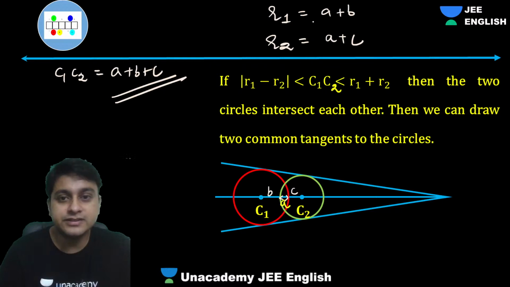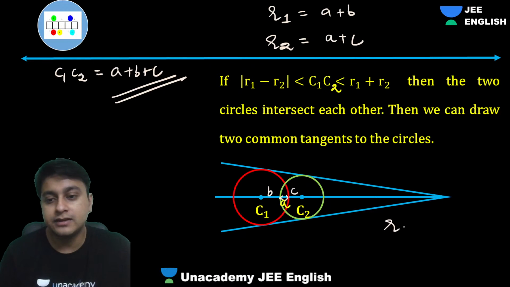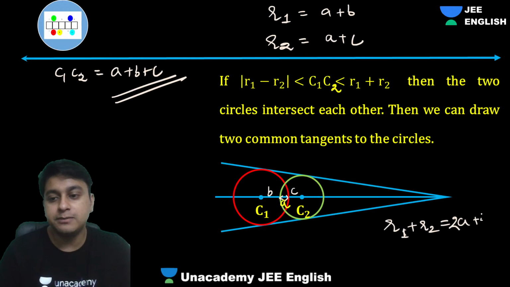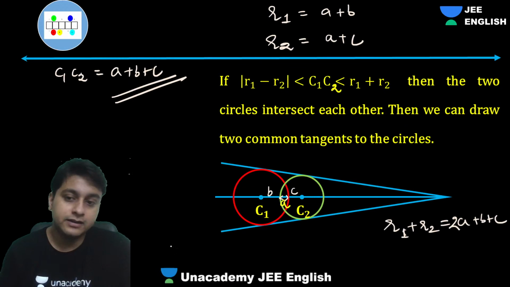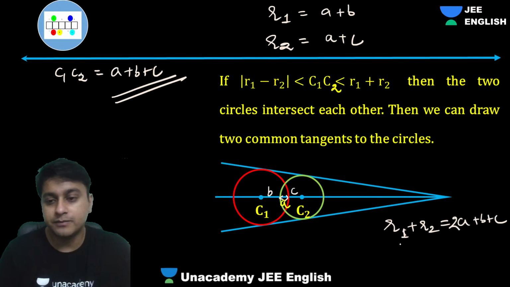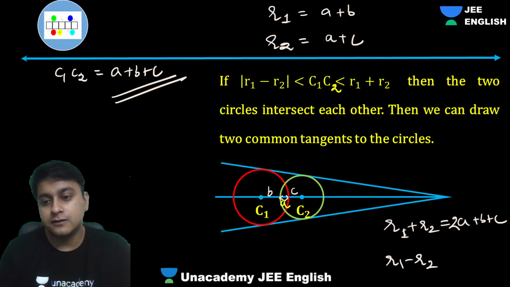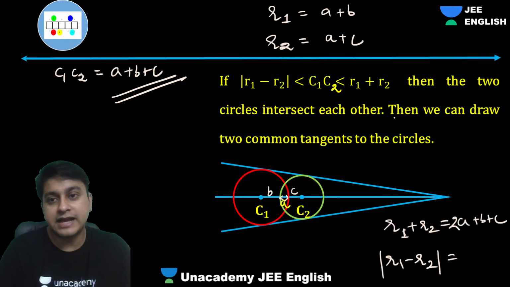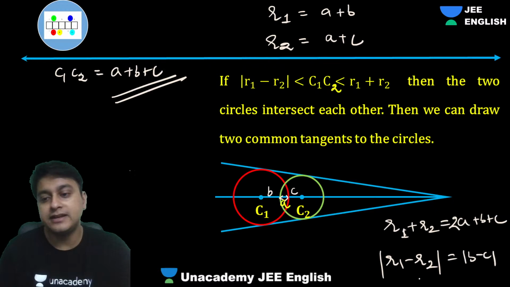So if you add here, R1 plus R2 will be 2A plus B plus C, right? Now if you subtract both of them, R1 minus R2 mod will be mod of B minus C.